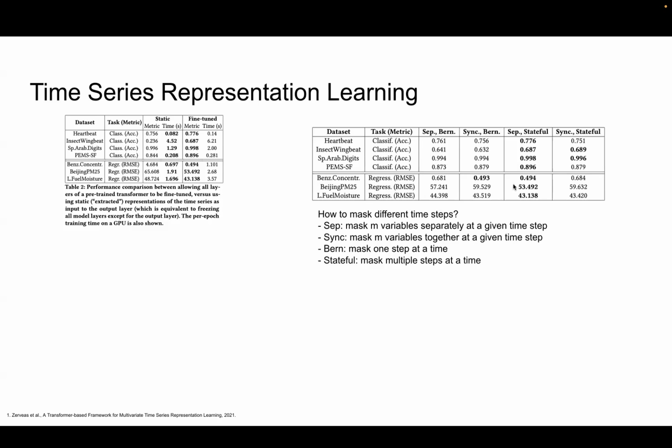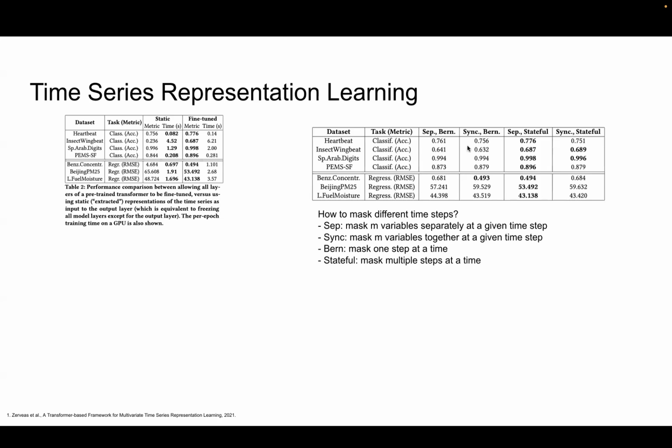And the paper also did some experiments on how to mask those different time steps. So it tried mainly two things. One is how we should mask the M different variables. SEP stands for separately, so we try to mask the M variables separately at a given time step.